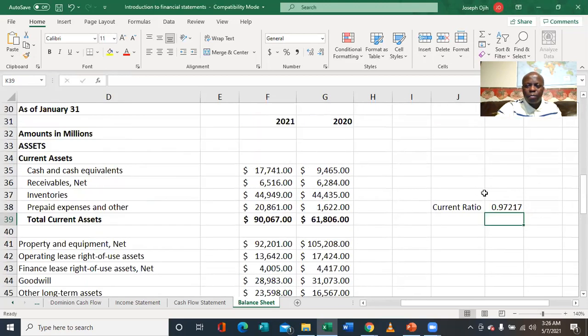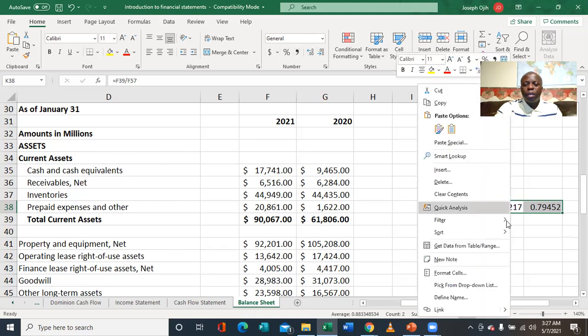That gives us the current ratio, and then you copy it to the next cell so that it will calculate for 2020. That gives us this. Now, how do you interpret it? Let me make them just 2 decimal places.